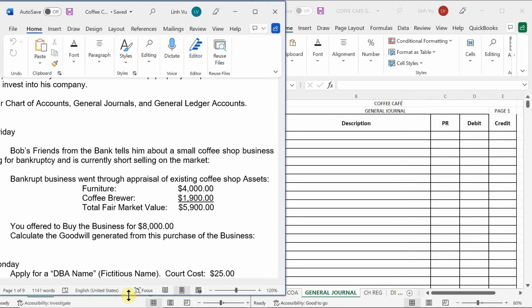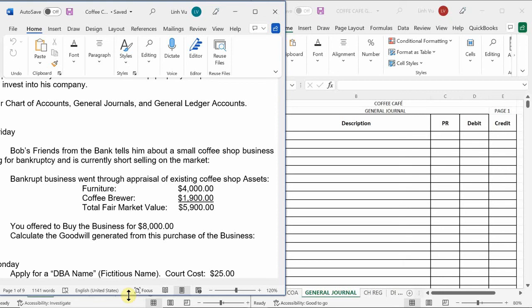Anybody? If I buy a business for $8,000 and right now it's only worth $5,900, I simply subtract those two numbers: 8,000 minus 5,900. I should get a total goodwill of $2,100.